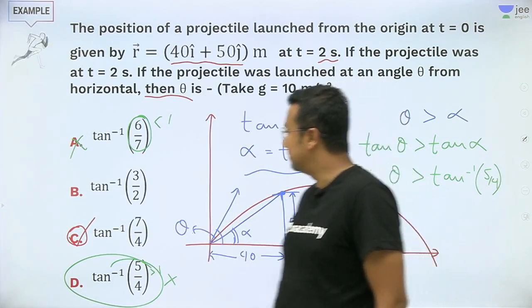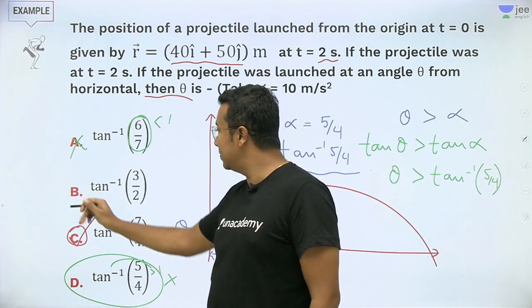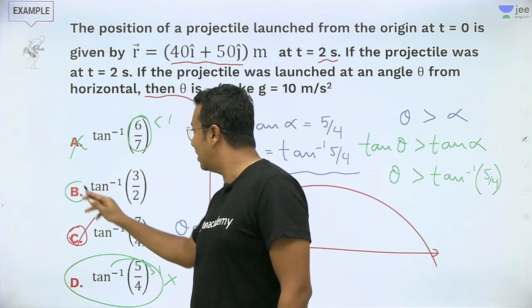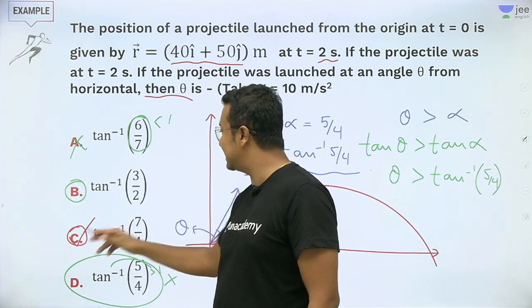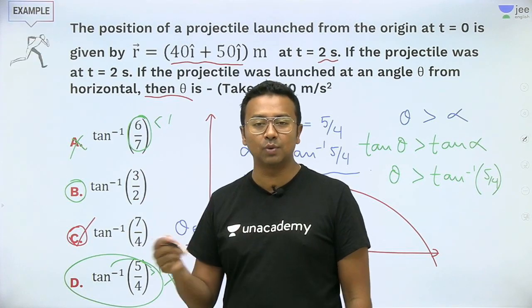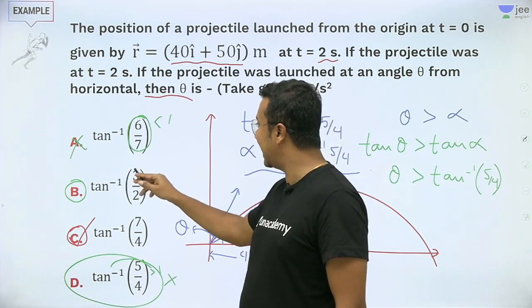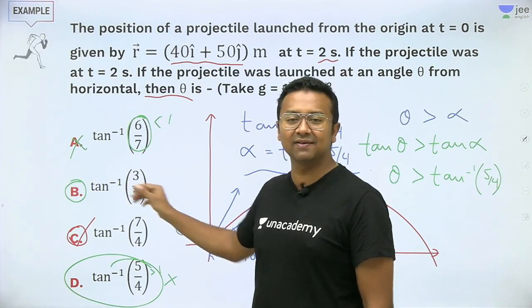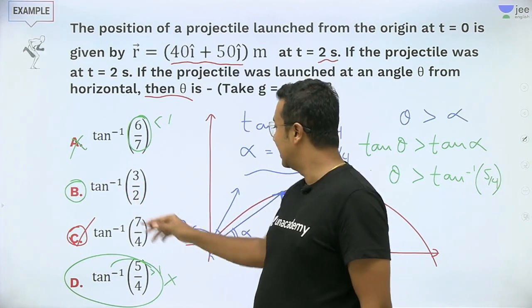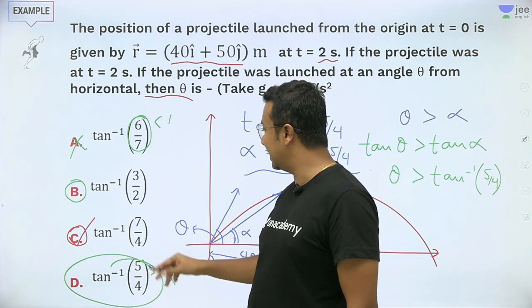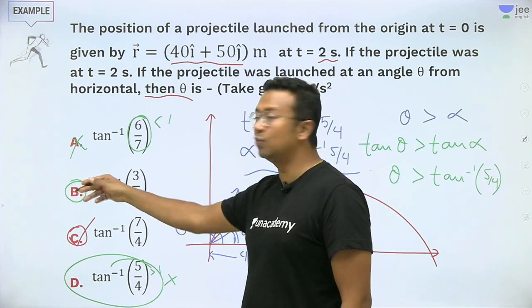By the way, there could now be a 50-50 between B and C, because B is 3 by 2, which is 1.5, and this is 7 by 4. By the way, this option had actually 7 by 6, which happens to be lesser than 5 by 4, so this also would not have been possible.